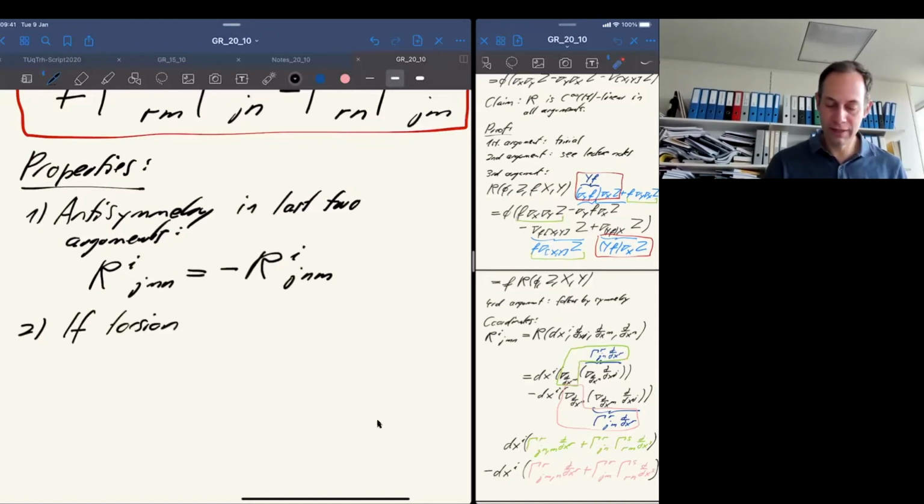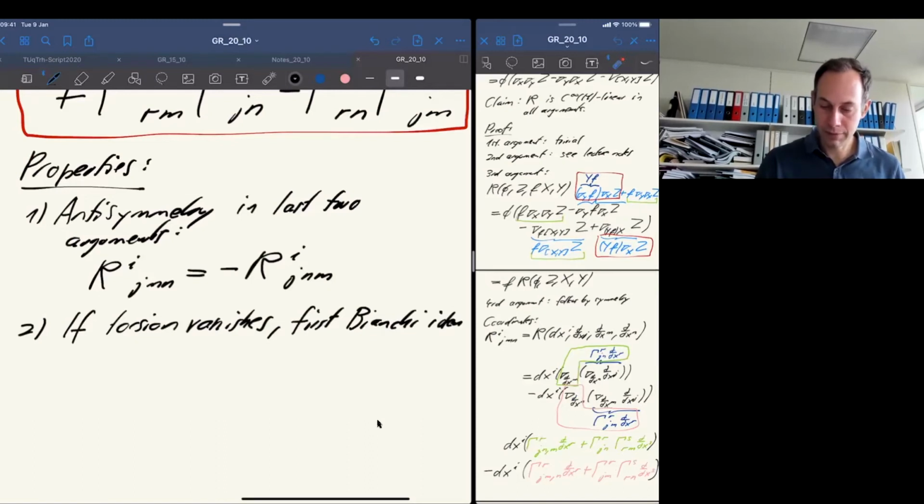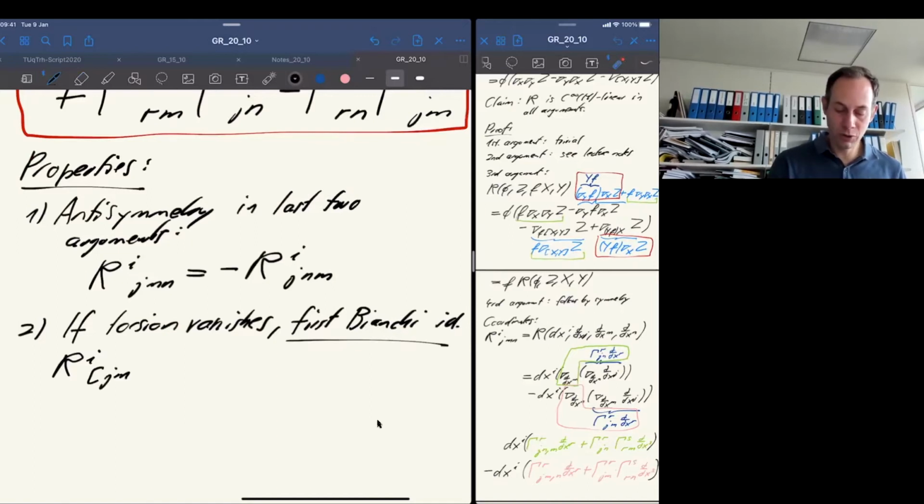So if the torsion vanishes, and this is of course the relevant case for GR, we have something that is called the first Bianchi identity, which says that the antisymmetrization of the last three arguments, which in components means this, so now you know that the square bracket is the antisymmetrization bracket, is equal to 0.